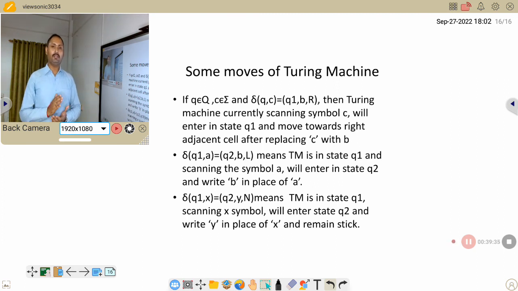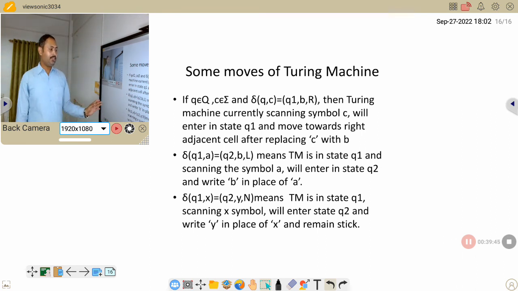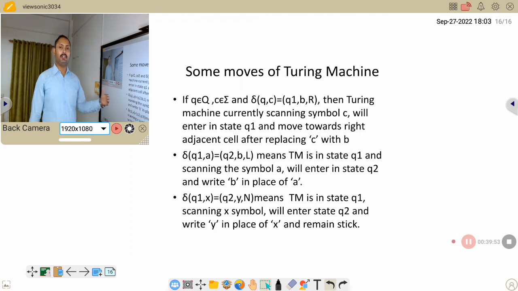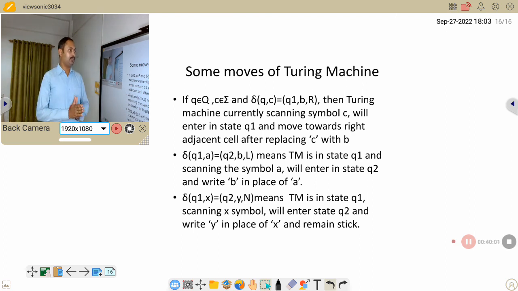And it also accepts a context-sensitive language. So these are the special features of Turing machine. And here the read-write head will accept the input symbol, and after accepting it will also write over there on the input tape. So these are the basic operations which will be performed by Turing machine.